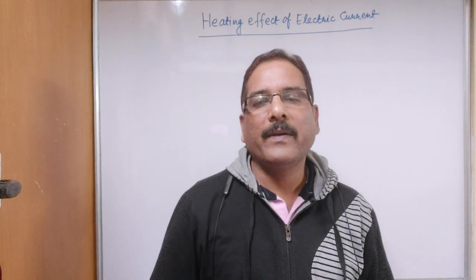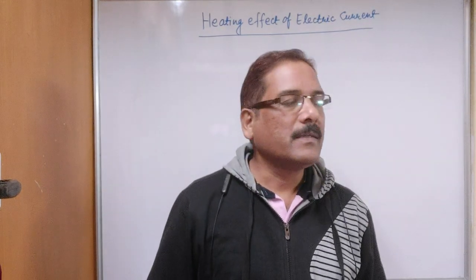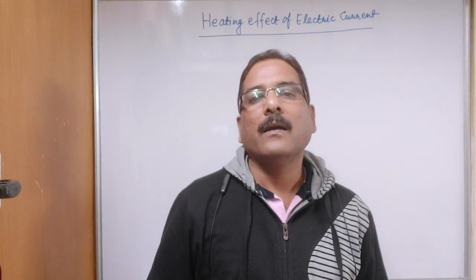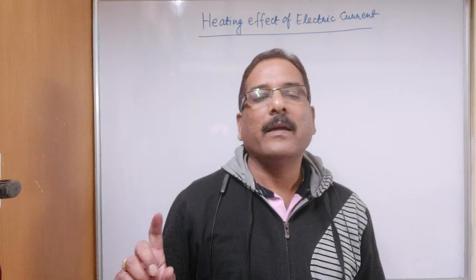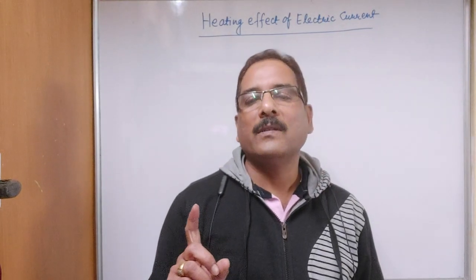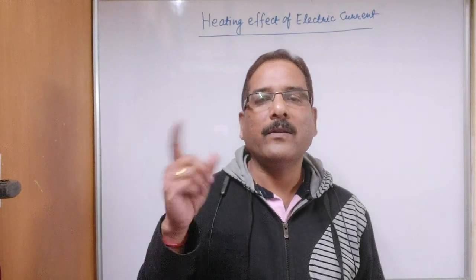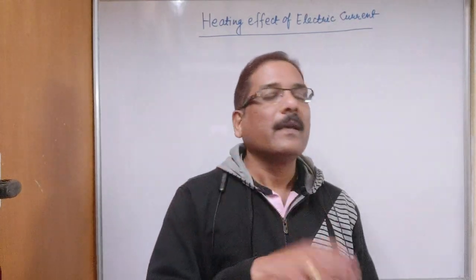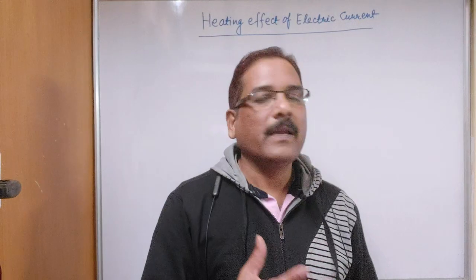So a part of electrical energy is converted into useful work. It means it converts electrical energy into mechanical energy. A motor is fixed in the fan, so the blade rotates, and a part of the electrical energy is just wasted as heat.